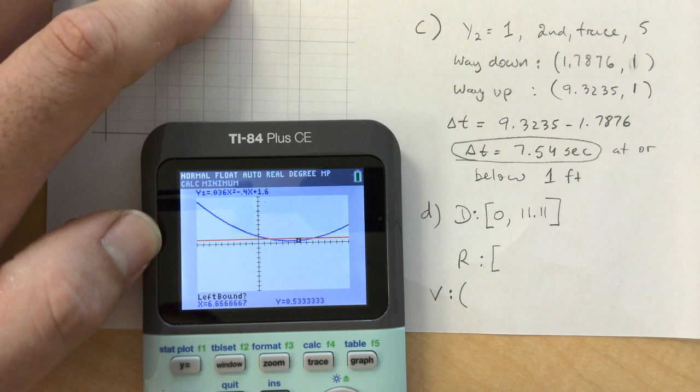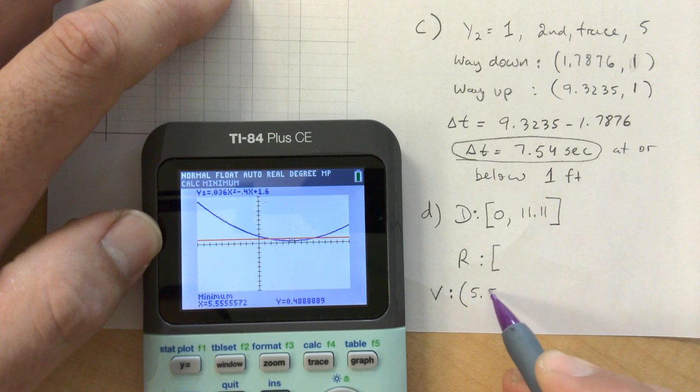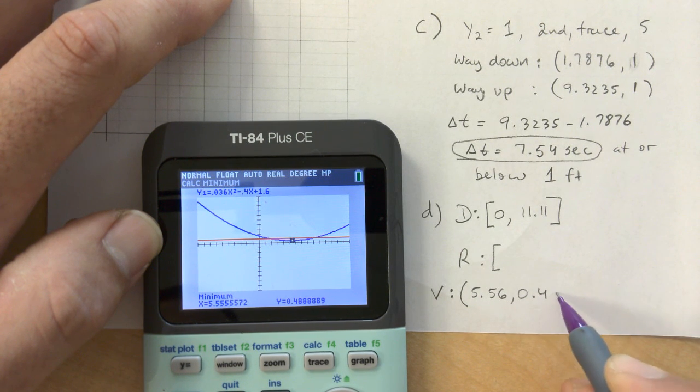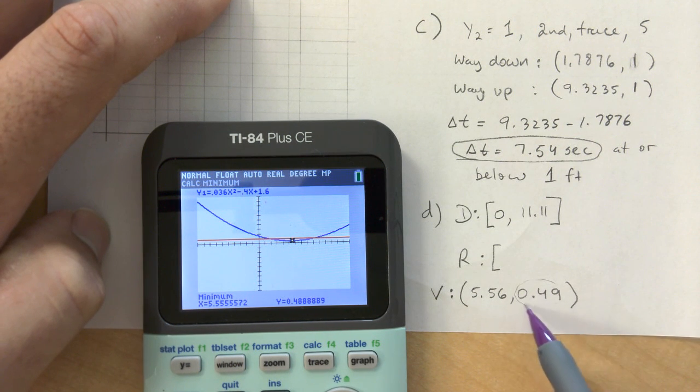And I'm going to go to the left of it, left boundary, enter, right boundary, enter. And the minimum is at 5.56, 0.49. This being the lowest height, right?